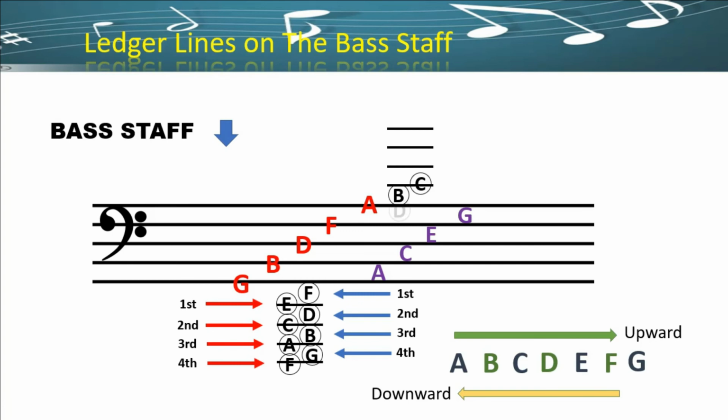From C, the space above middle C will be D, and then the second ledger line will be E, the space above will be F, and then the third ledger line will be G, the space above will be A, and then the fourth ledger line will be B. Yes, that is all about ledger lines, identifying their letter names, whether they are on the lines or the spaces, wherever note we put there. This is key in helping you to master the staff.